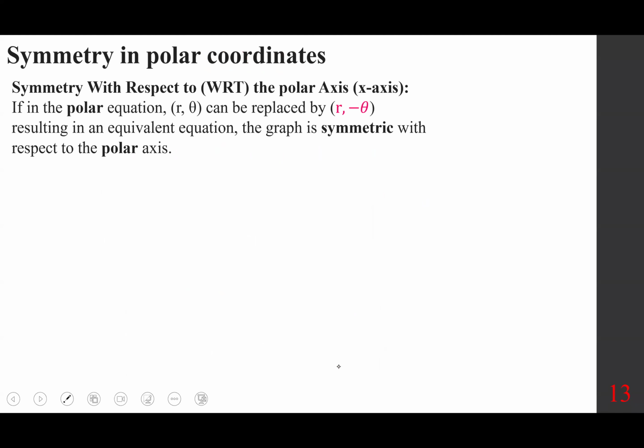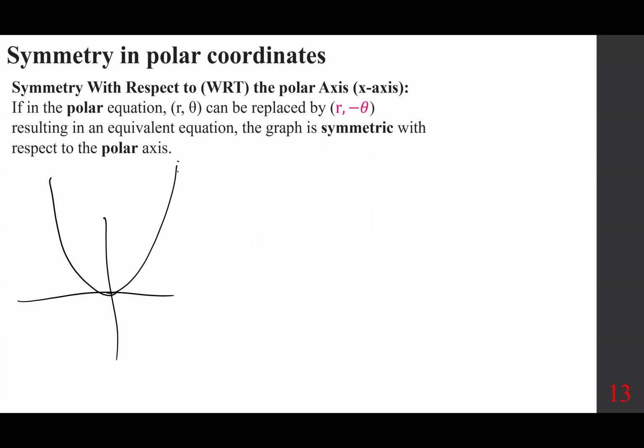Symmetry in polar coordinates. You remember that we have the odd and even symmetry in the case of a rectangular coordinate system. Quickly just to remind you, the right and the left side are the same. That's even, and it was f of minus x equals f of x.